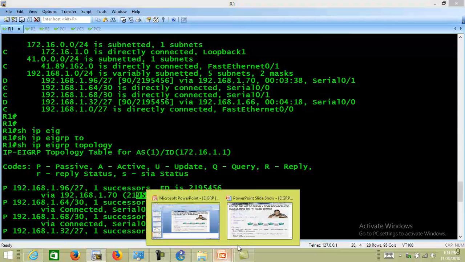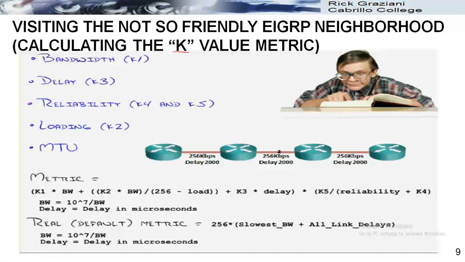So now to understand how we got there, the formula it uses factors in what we call K values.